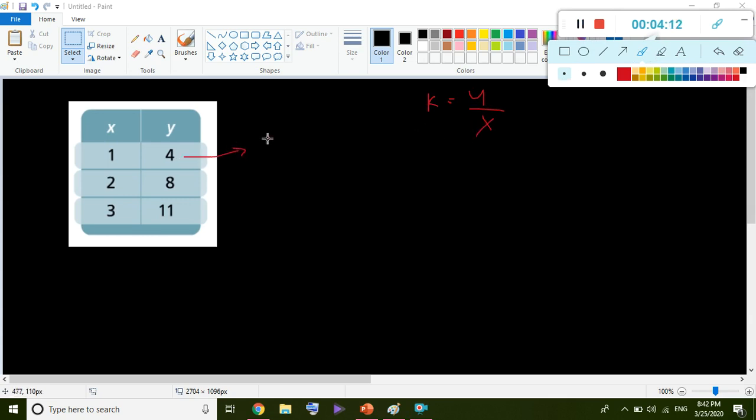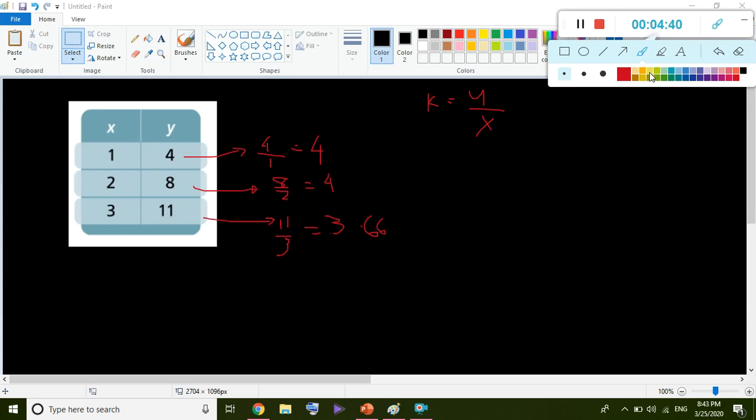Here it's going to be 4 over 1, which is equal to 4. 8 over 2, which is equal to 4. 11 over 3, which is equal to 3.66.